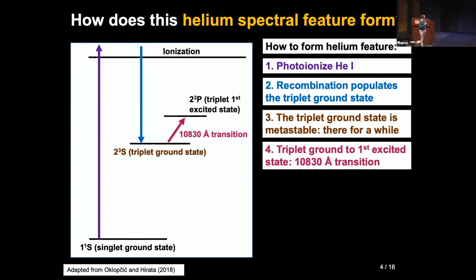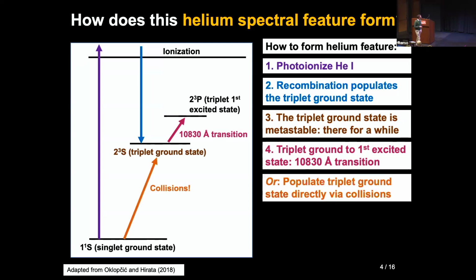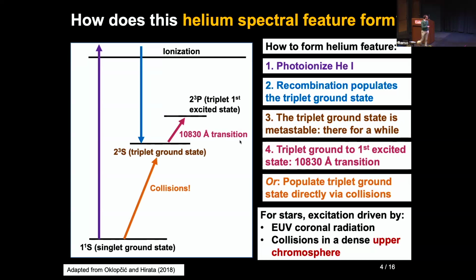This process is what we would call photoionization recombination, or you can directly populate this triplet ground state through collisions of helium atoms with electrons. In stars, these methods both work. You might have back radiation from EUV coronal radiation incident on chromospheric helium, or you can have collisions of helium in dense chromospheres, if it's dense enough.